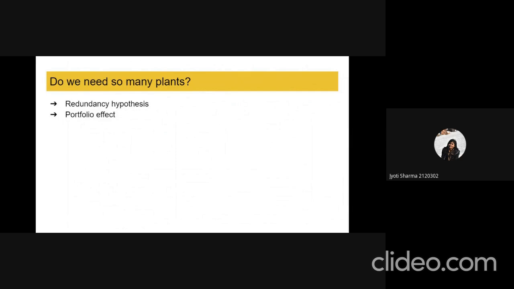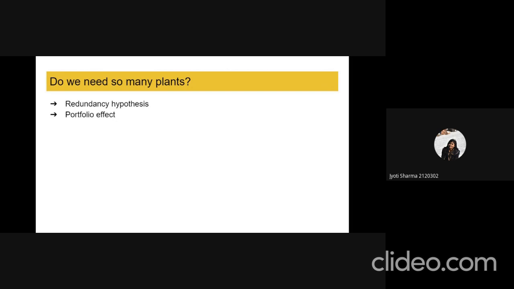Then we have the portfolio effect. The portfolio effect is like when we want to invest in different types of things: gold, a bank, the stock market. We don't want to invest in only one thing, we want to invest in many things, and because of many different types of investment, we feel secure.